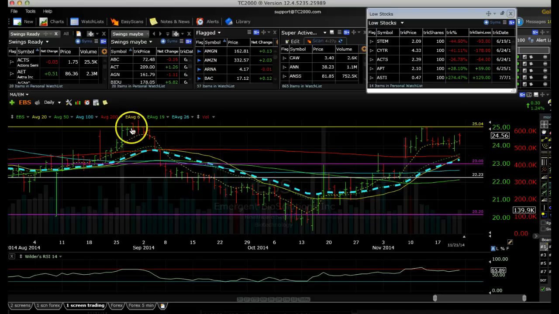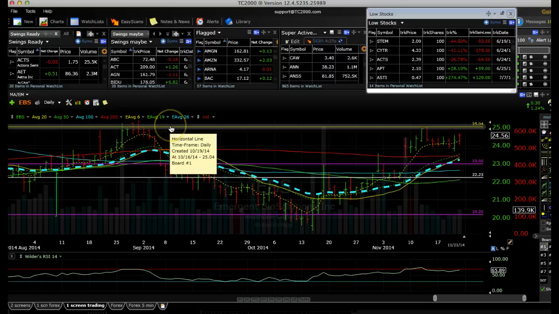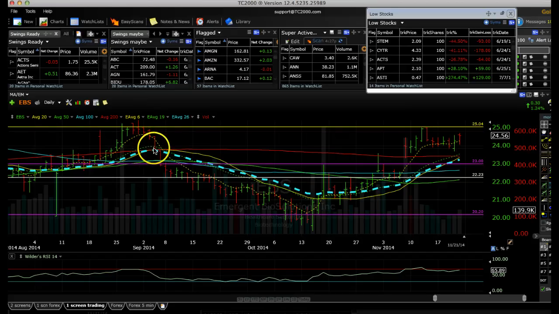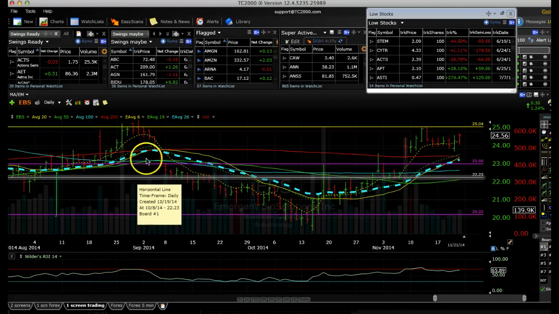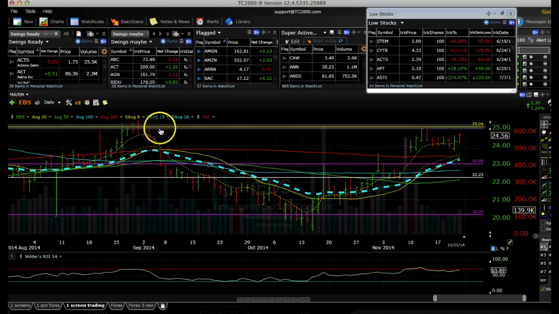I need to know when it's going to break here, and your support and resistance levels can help you out with that more than MACD could. Because MACD is not going to really tell you when to get out, but your support and resistance levels can actually tell you when to get out. MACD, once it crosses here to go down, by the time it goes back up and it crosses, you've already lost money.